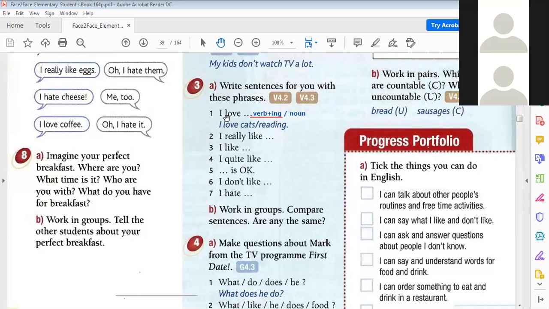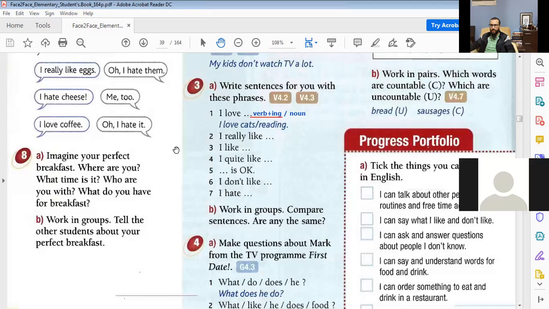Okay, I think this is sort of clear. We can move on. Is there anybody who'd like to tell us some of the things they like, they don't like? Yeah, Manal. I love traveling. I really like cooking and shopping for clothes.